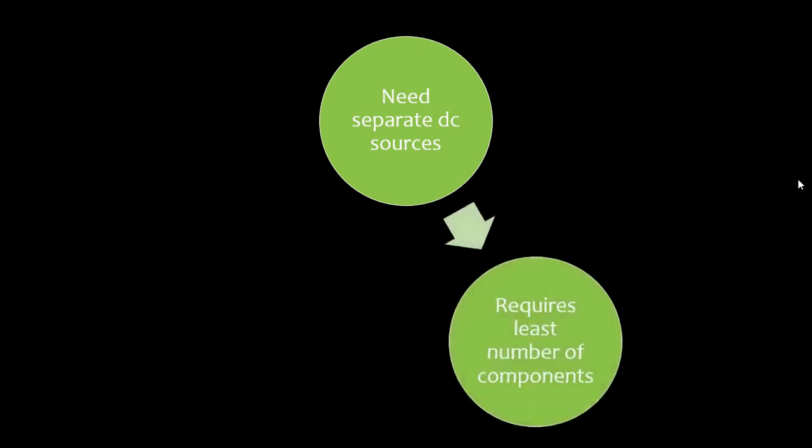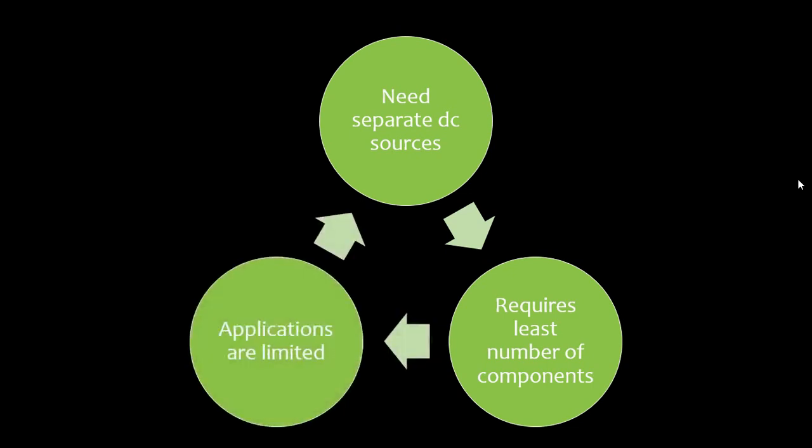The second feature is that it requires the least number of components among the other two multi-level inverters that were mentioned earlier. And the third feature is that, of course, the applications are limited because you have to have separate DC sources in order to make this multi-level inverter work.